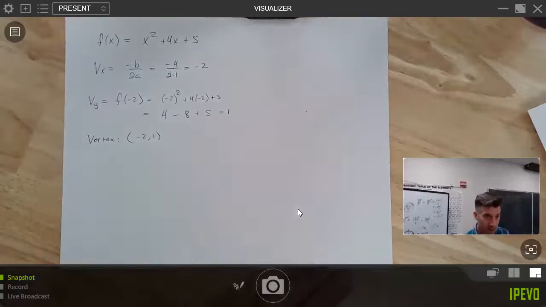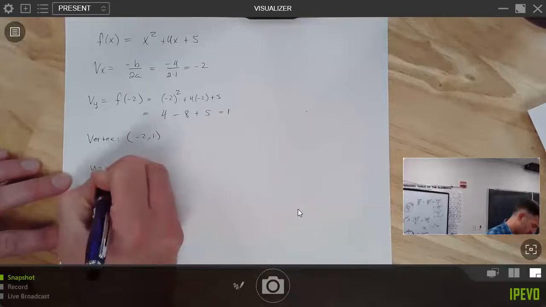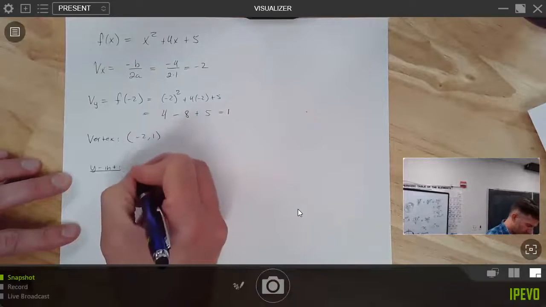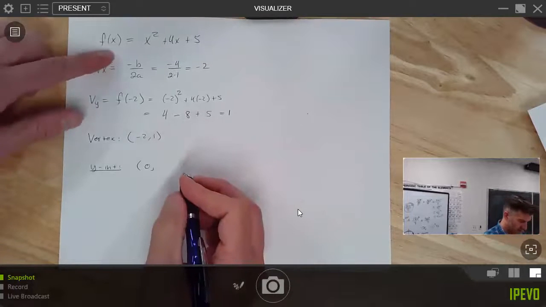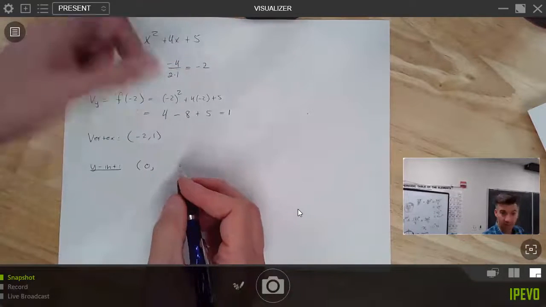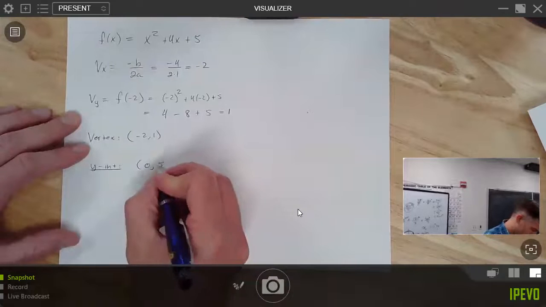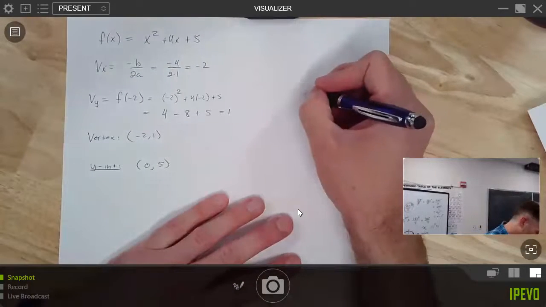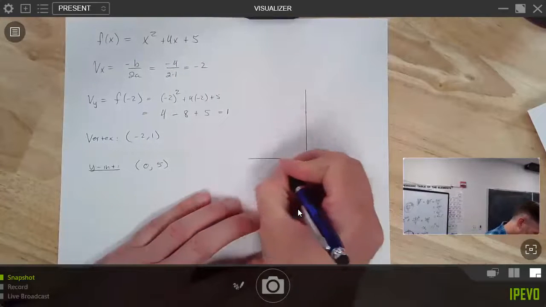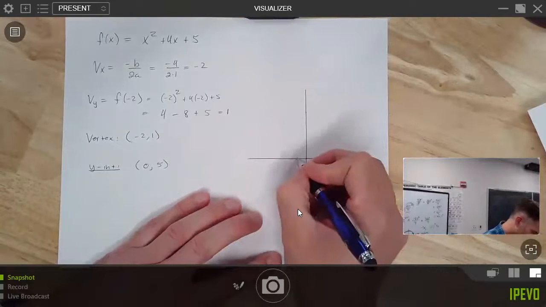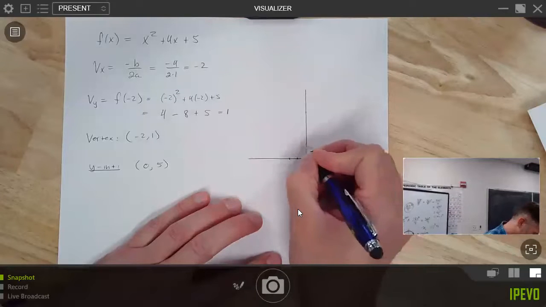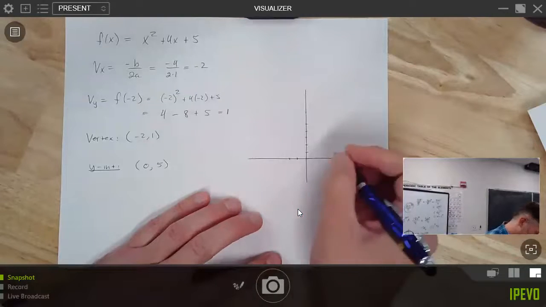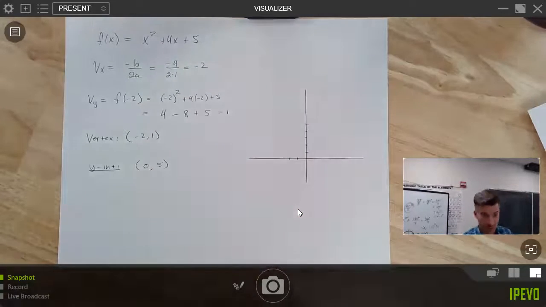And our y-intercept is going to be the point where x is 0. And if x is 0, I'm going to get 0 plus 0 plus 5 for the y value. And if I start graphing this, I do like being a little more precise sometimes when I graph these parabolas.